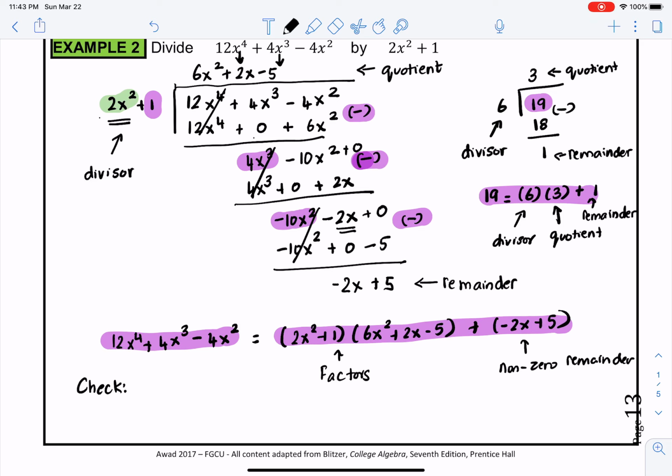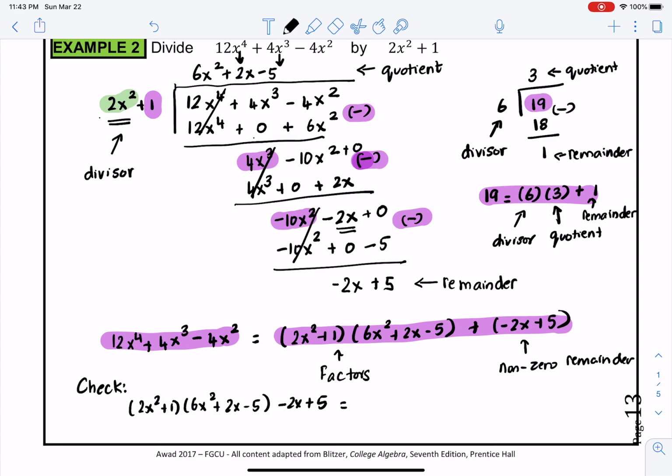So I'm going to take the right-hand side, which is 2x squared plus 1 times 6x squared plus 2x minus 5, minus 2x plus 5. And I would like to know if I get the original function back.